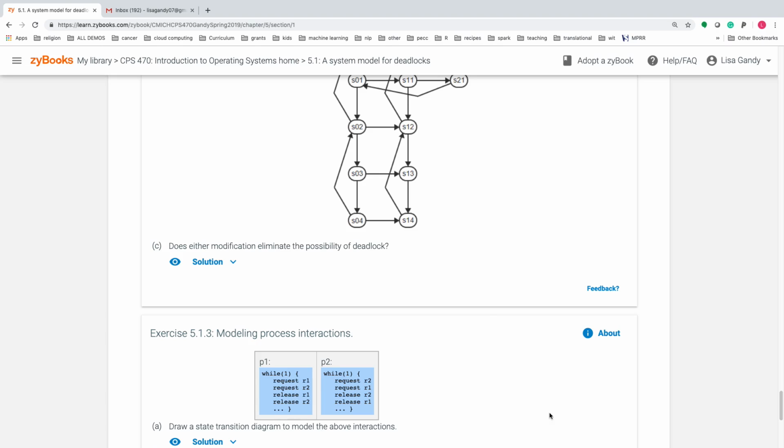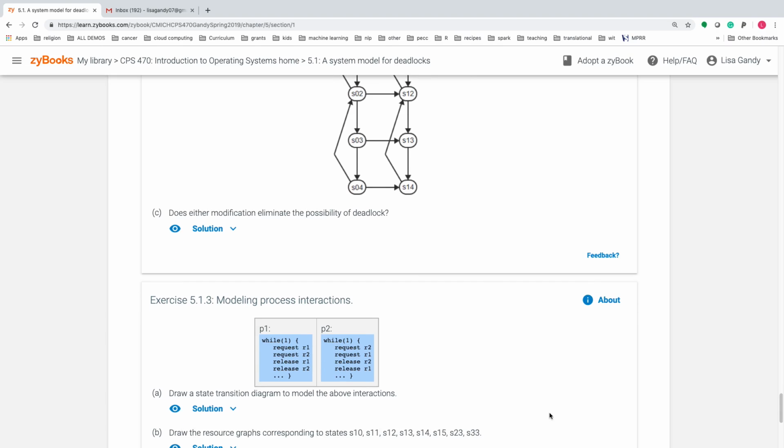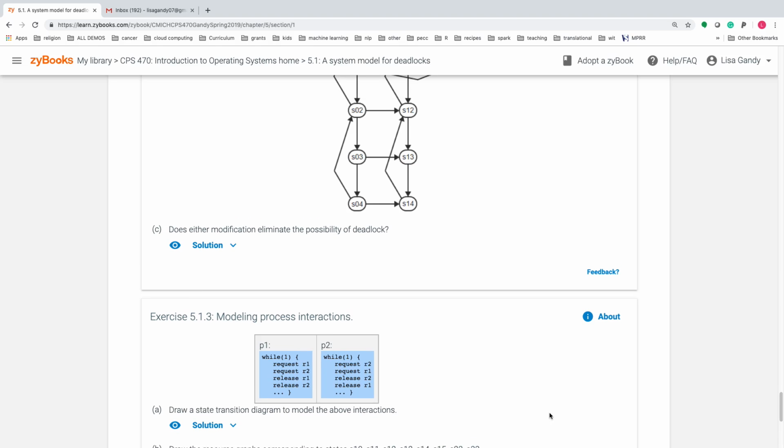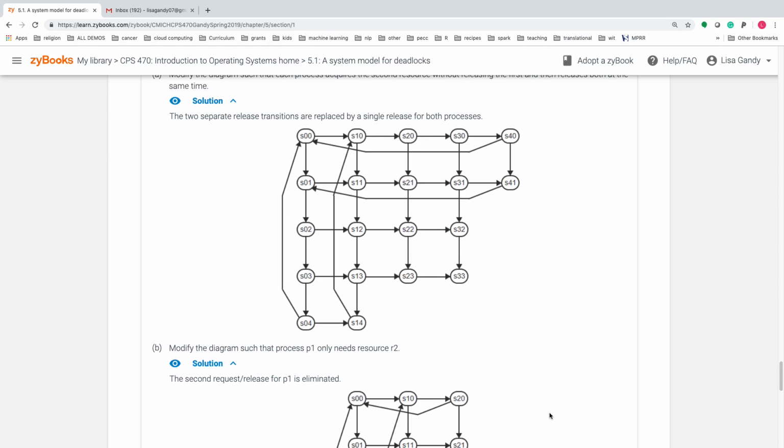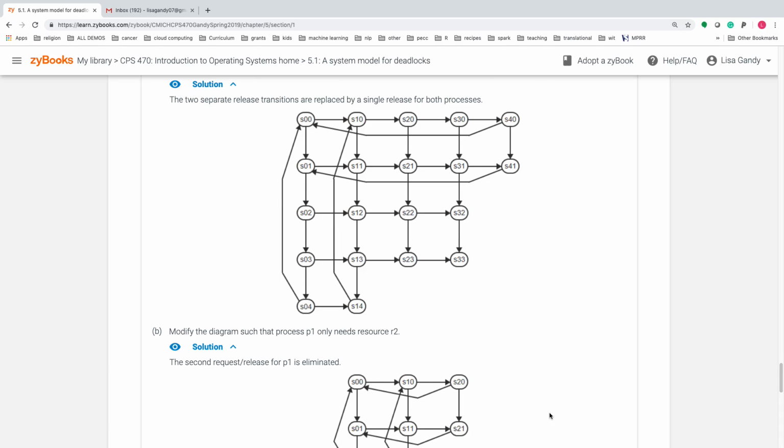Does either modification eliminate the possibility of deadlock? Looking at these two graphs, is there a deadlock happening in this graph? Yes. Which state is in deadlock? The same one. It didn't help, it makes it worse.